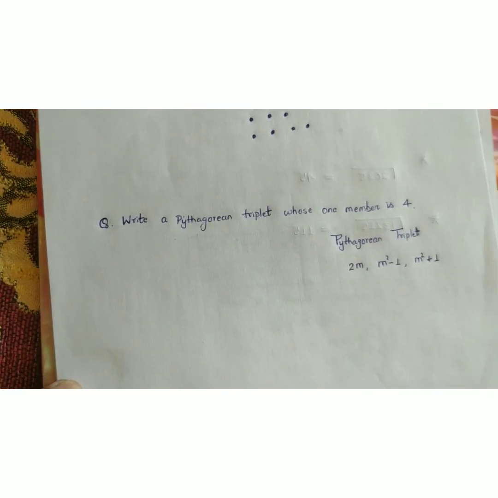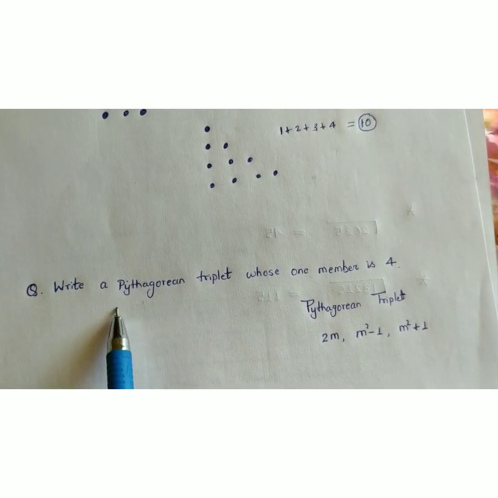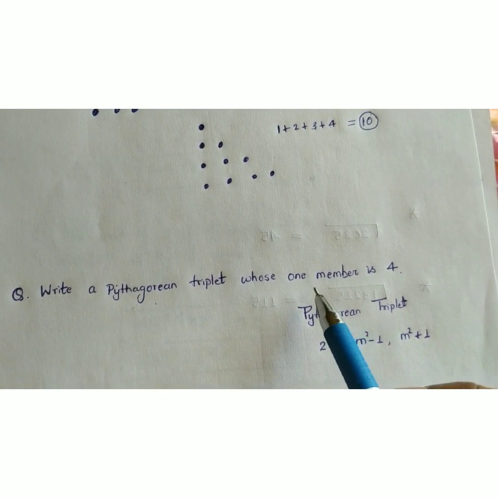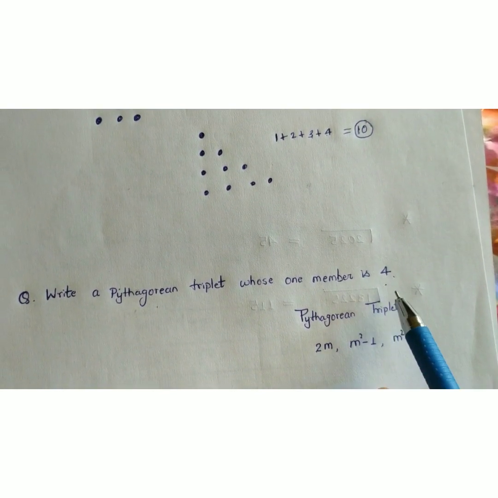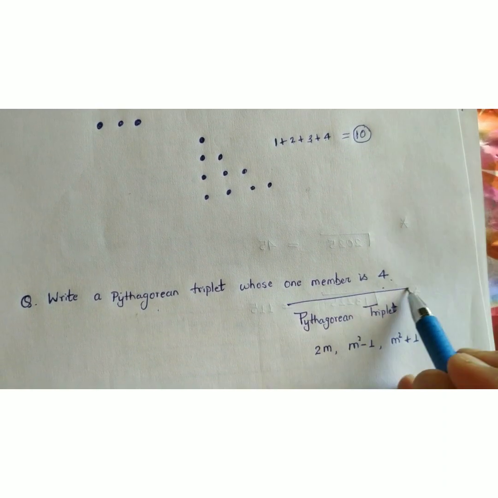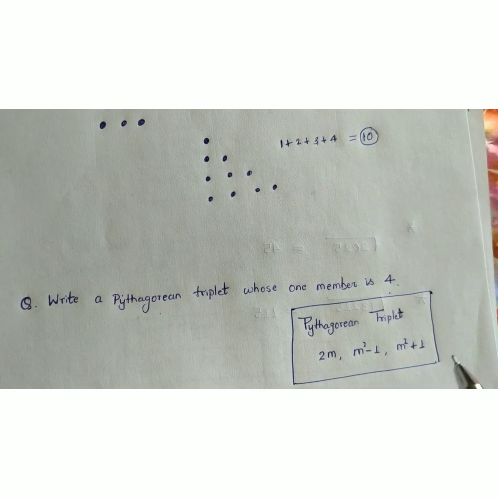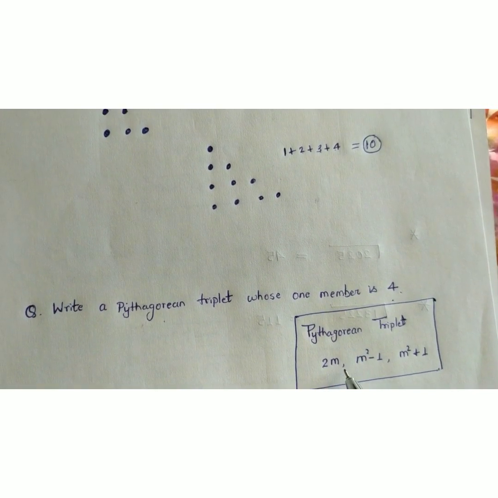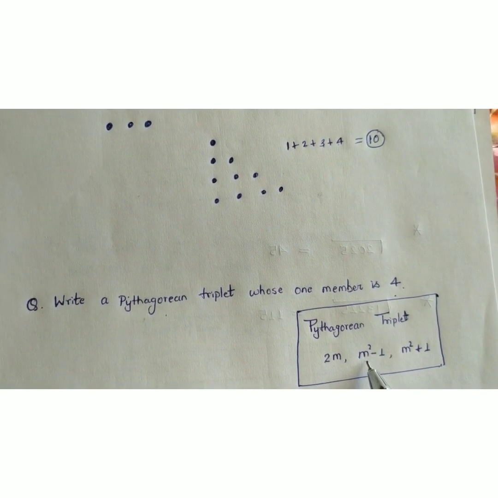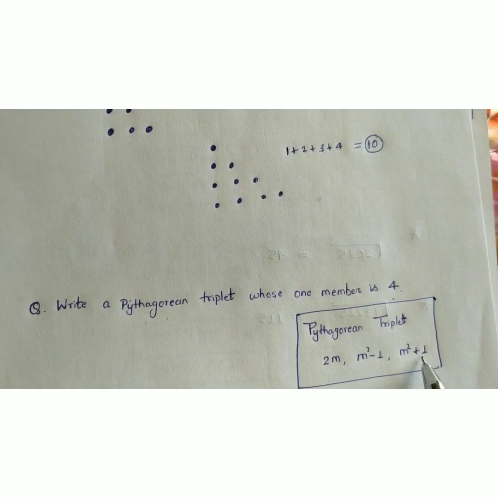Next question is, write a Pythagorean triplet whose one member is 4. Now a Pythagorean triplet is of the form 2m, m square minus 1 and m square plus 1.